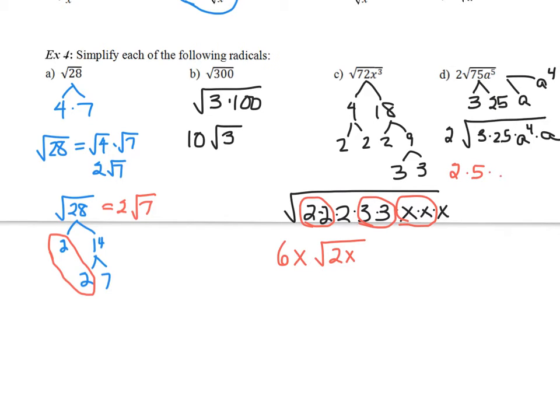A to the fourth is a perfect square, that gives me a squared. What's left underneath the radical? The 3 and the a. So on the outside, remember to multiply by the 2 that came to us in the original problem here. So 2 times 5 is 10a squared times the square root of 3a.